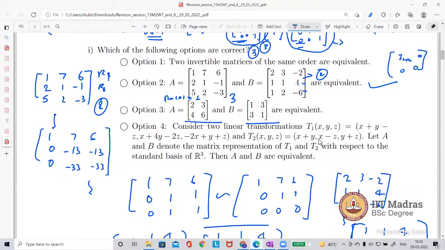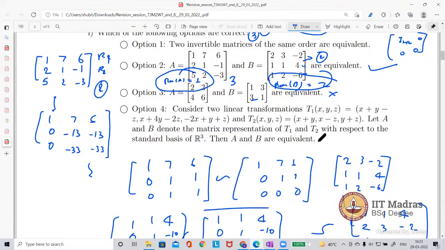And the rank of B is 2, since the second row is not a multiple of the first one. Now these two ranks are different, so they are not equivalent. So this option is going to be wrong.